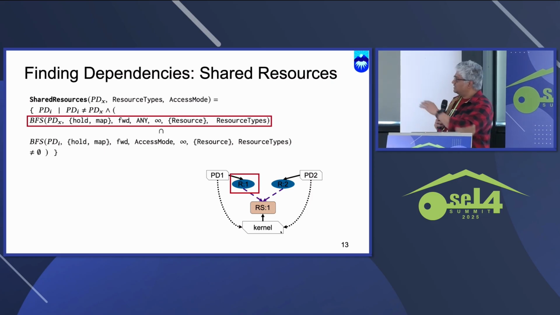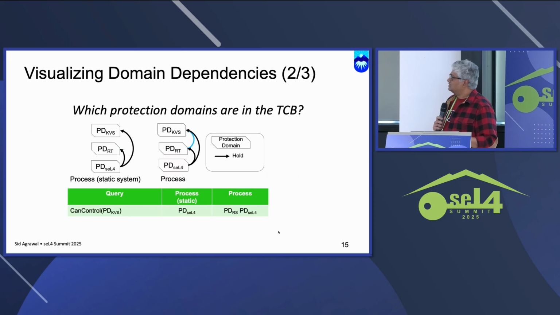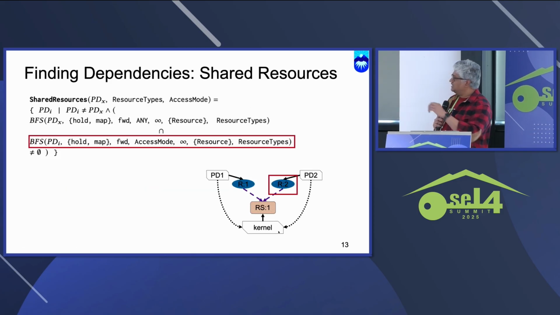And then it tells us that PD1 has access to only R1 resource. Similarly, PD2 has access to only R2 resource. So their intersection is null. What we'll say here is that PD1 and PD2 do not share resources of that particular type.